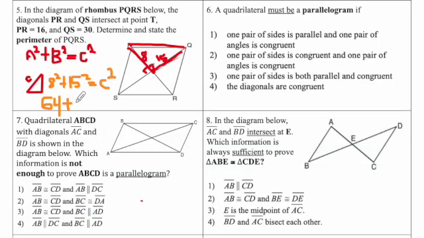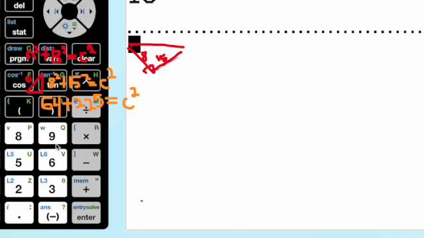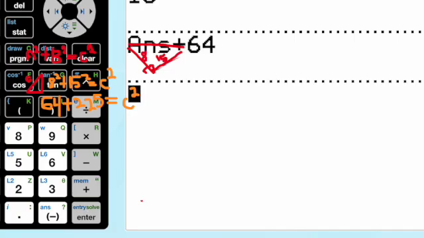Okay, 225, and that equals C squared. Now, to find C, well, I could add this first. So 225 plus 64, and that's 289.